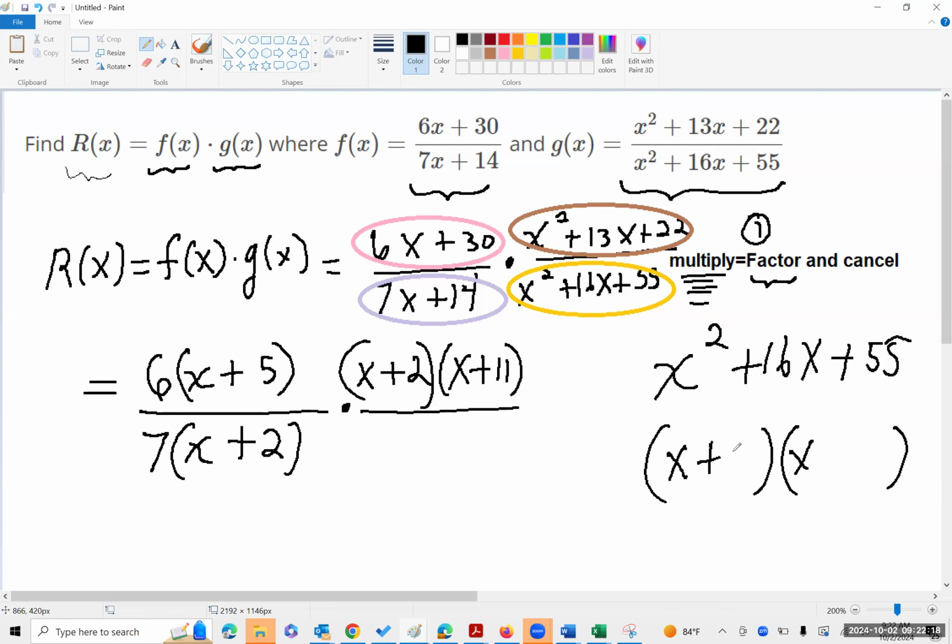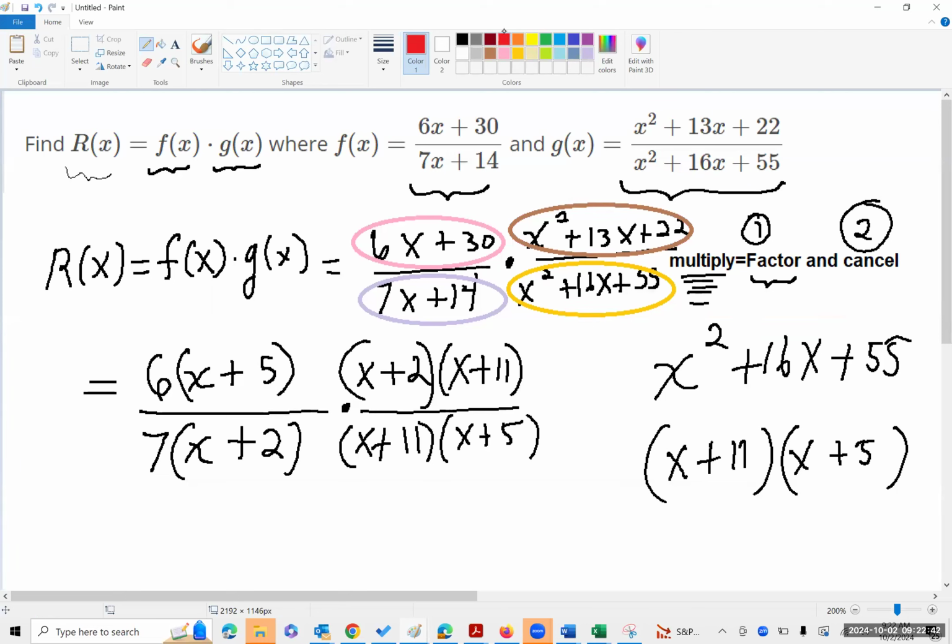So there isn't a whole lot of work here. It's x plus 11 and x plus 5. I'll leave that up for a little bit. Now we're on step 2, which is cancel.